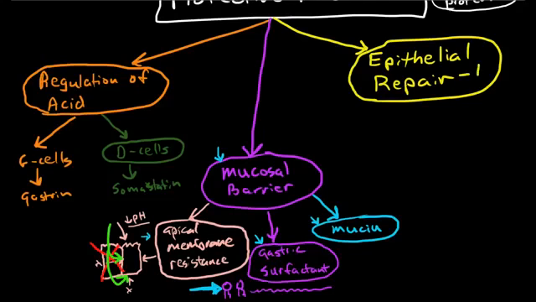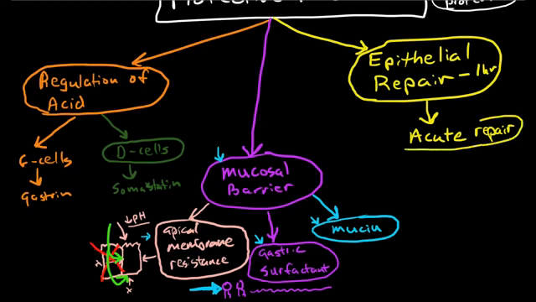So there is a remarkable ability to repair. And so what happens is you have some kind of acute injury. Usually it doesn't denude the entire mucosa, it probably will just denude part of it, but even if it denuded the entire mucosa, it has the potential to repair itself.